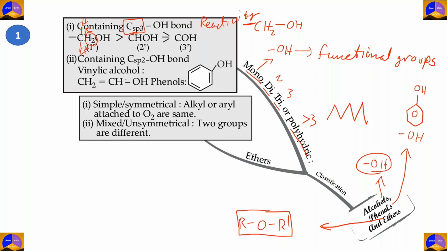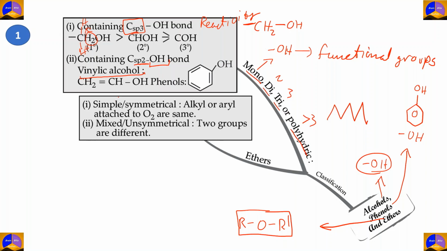The second type of carbon compounds, which are alcohols and phenols, contain the functional group attached to an sp2 hybridized carbon. Now these are atoms which have a double bond or a triple bond in them. And an example is vinylic alcohol.